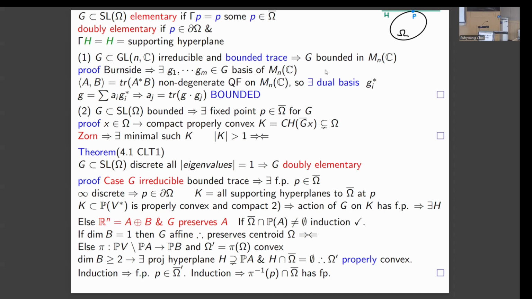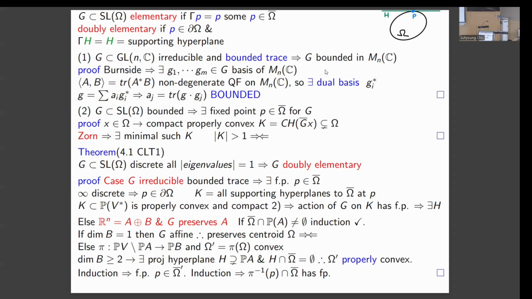Okay, so we have a discrete group, and every eigenvalue of every element has modulus 1, then the group is doubly elementary. And so, well, the first case is the group is irreducible. And I'm cheating a little bit here. There's a difference between irreducible over the complex numbers and irreducible over the reals, and the details are in the paper.